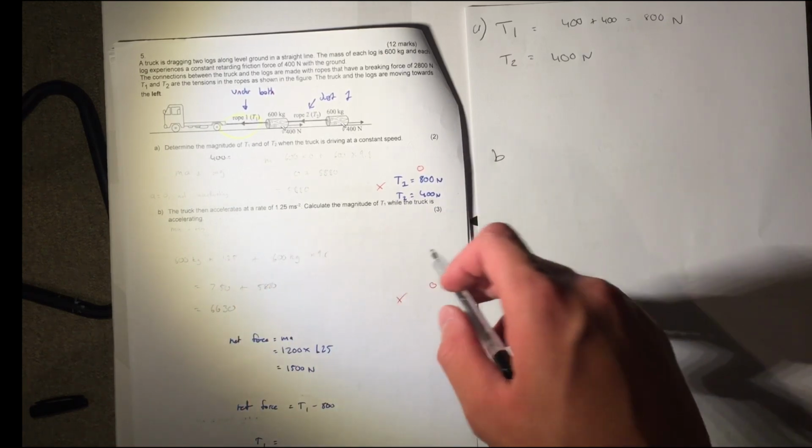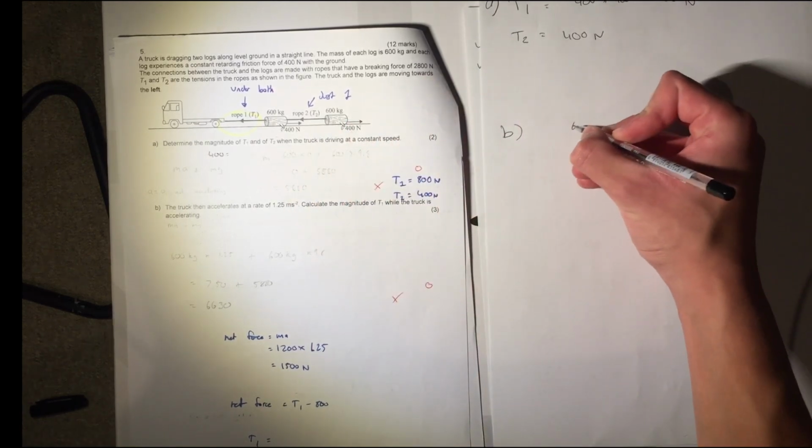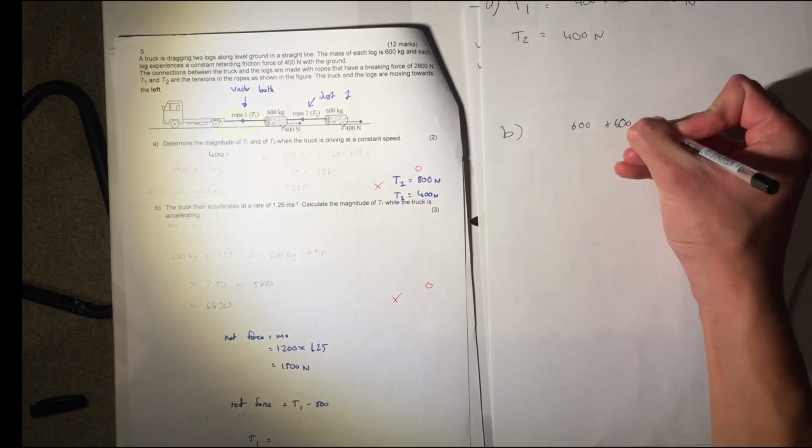Alright, then part B. The truck then accelerates at a rate of 1.25 meters a second squared. Calculate the magnitude of T1 while the truck is accelerating. So T1, you remember, is pulling this entire mass because the rope joins them up. The total mass of these 2 logs is 600 plus 600 equals 1,200.